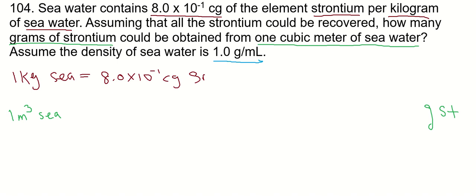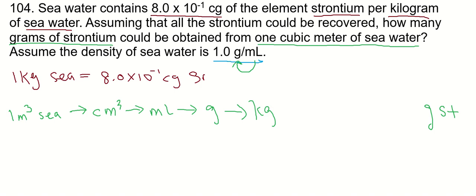So we can turn cubic meters into cubic centimeters, and then cubic centimeters into milliliters. We know that. And then we can use this conversion factor to turn milliliters into grams, and then grams into kilograms of seawater, since we're still talking about seawater.